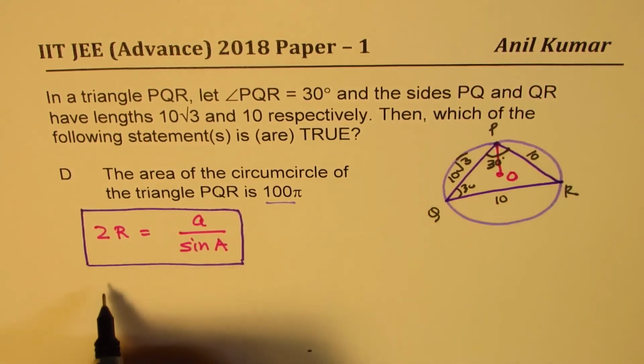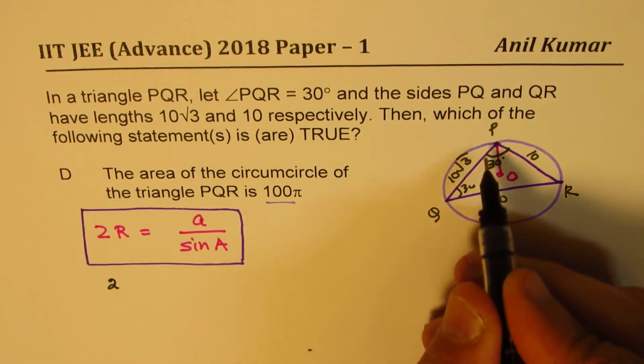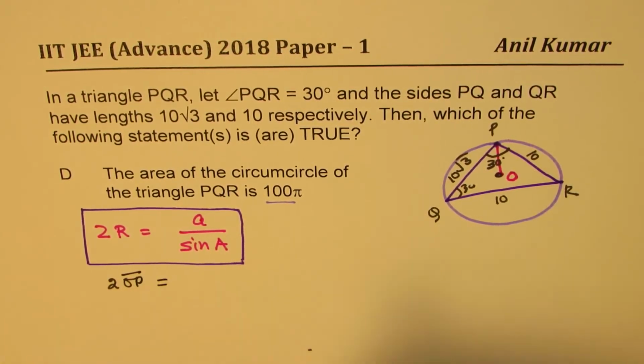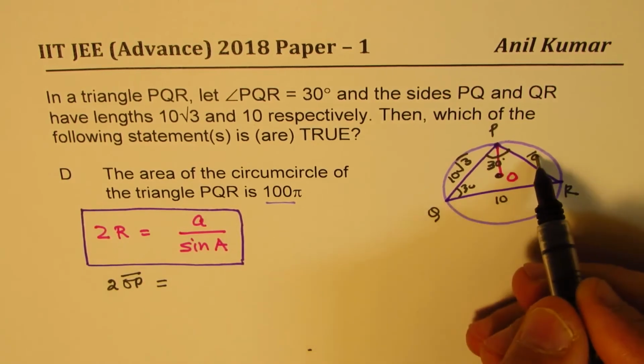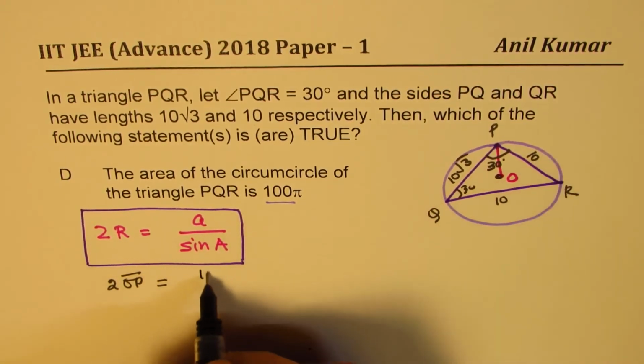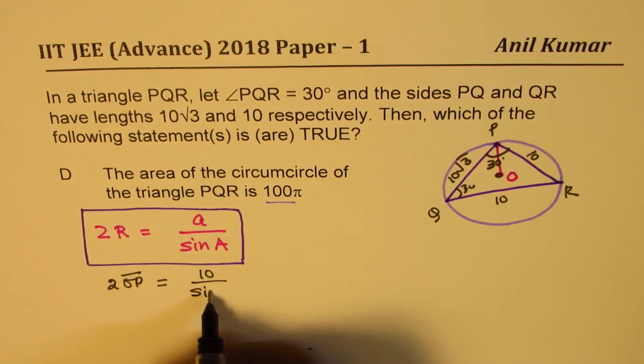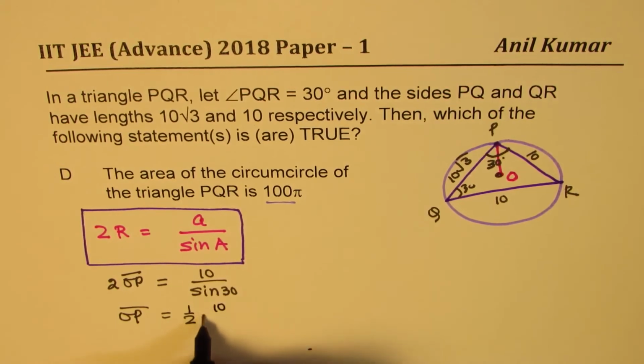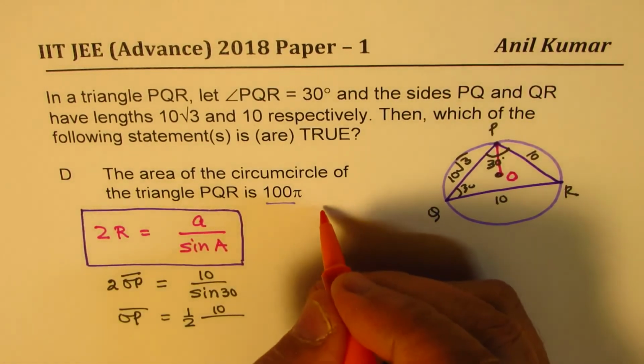So Q. So we can say twice this radius OP in our case, right, will be equal to the side opposite to Q, which is 10. So 10 over sine 30. Is that okay? Sine 30. So we get OP as equal to half of 10 over, what is sine 30? Sine 30 is half, right?